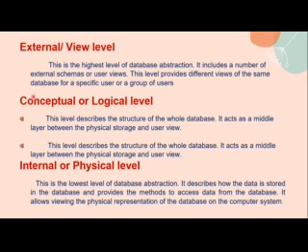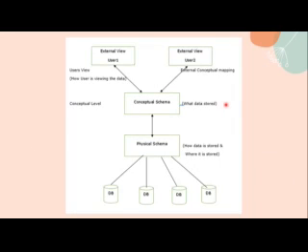Then come to the conceptual or logical level. This level describes the structure of the whole database, and acts as a middle layer between the physical storage and the user view. Moreover, it explains what data is stored in the database, what relationships exist among that data, and what the data types are. There is only one conceptual schema per database, as in the diagram here.